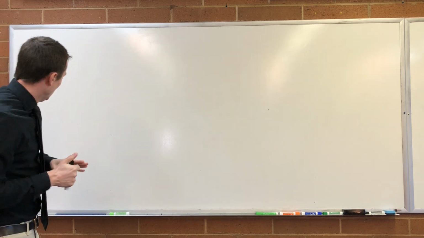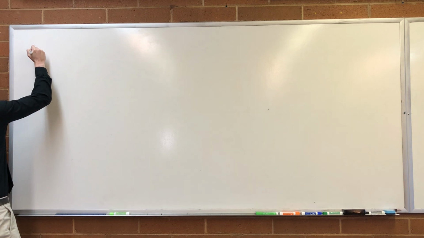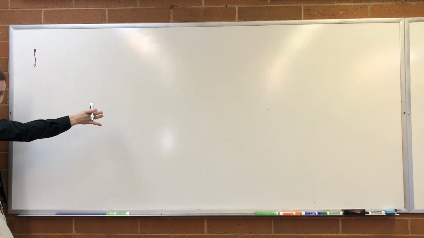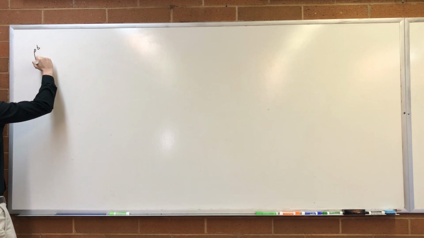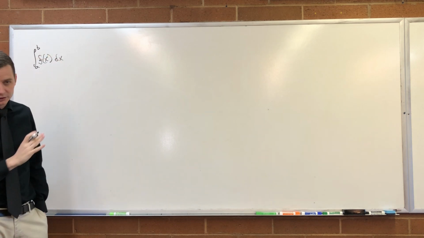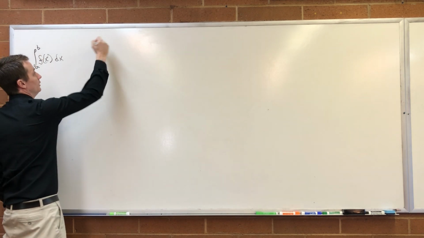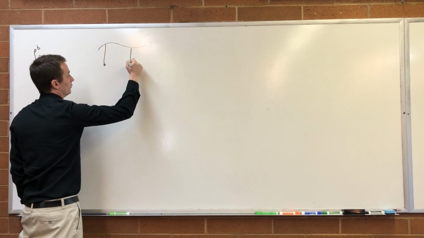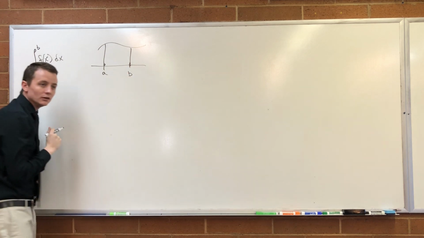Now, just quick intuition for what an integral is. When I say a definite integral, you've been solving indefinite integrals thus far. Our intuition for an integral from a to b of f of x with respect to x, as we develop what this means, is going to be the idea of area under a curve between 2 points, a and b.